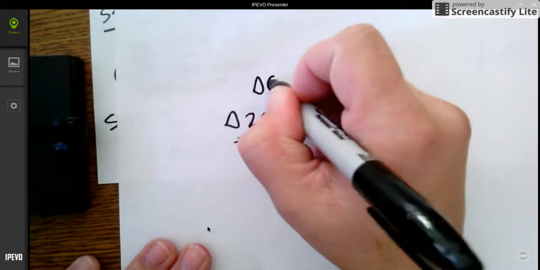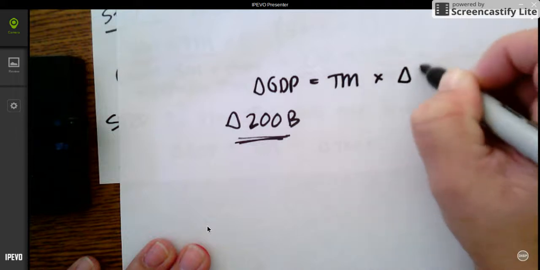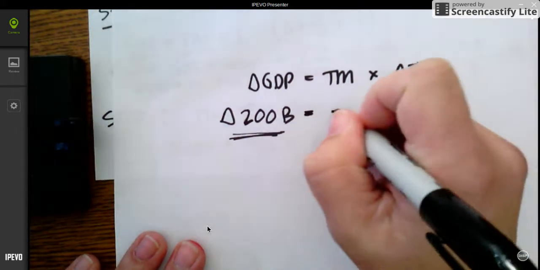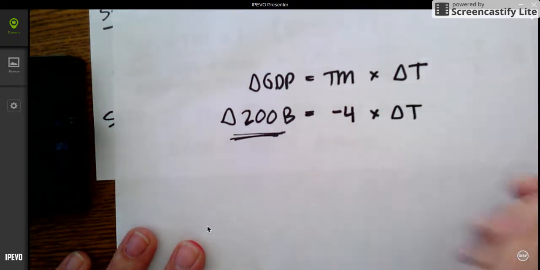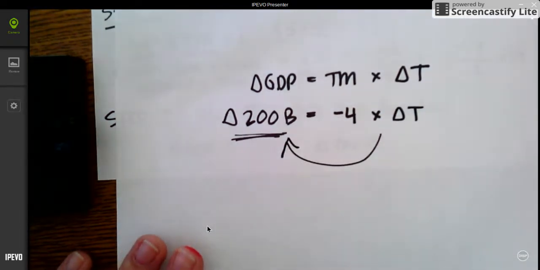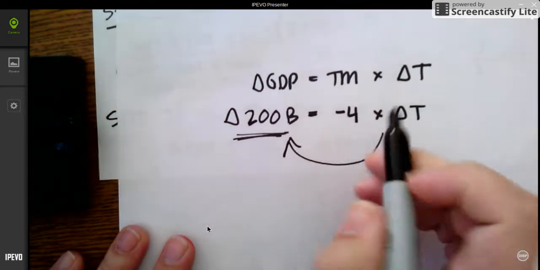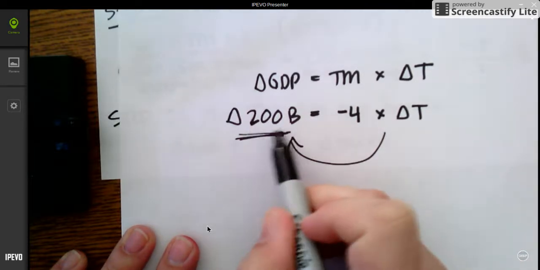So you're going to do the change in GDP equals the tax multiplier times the change in taxes. So the tax multiplier was a -4. The question is, how much do I need to change taxes to get to a positive $200 billion? Well, I hope that you remember that when we multiply numbers, a negative times a negative equals a positive number.